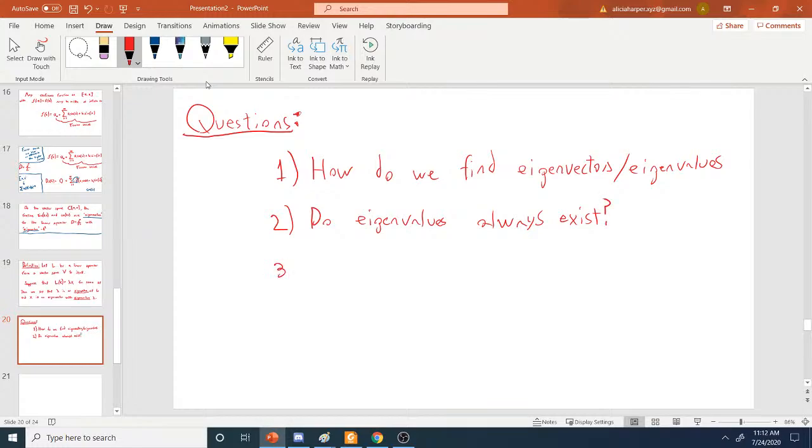And then the third question is, is the association between eigenvectors and eigenvalues unique?